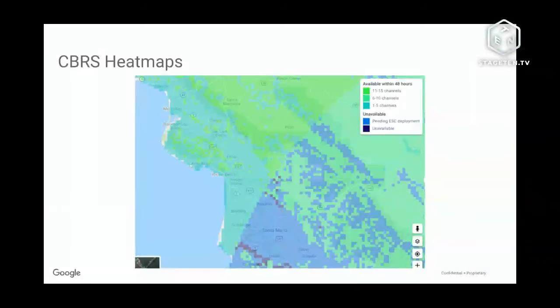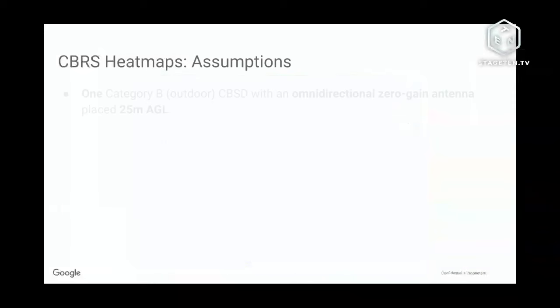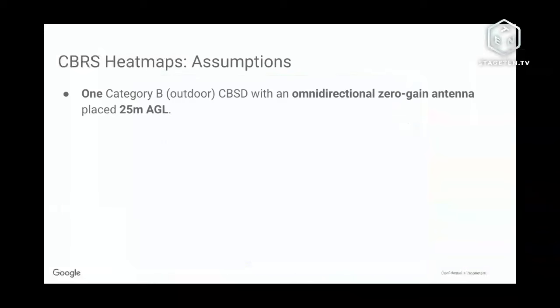Now, let's talk a little bit more about some of the assumptions behind these heat maps. I know I've mentioned them already, but just to go through them one by one. When we're calculating the color to put on the heat map, when we put a color in each square, we're assuming that when you deploy a device in that location, it is going to be the only device in the entire United States that's deployed.